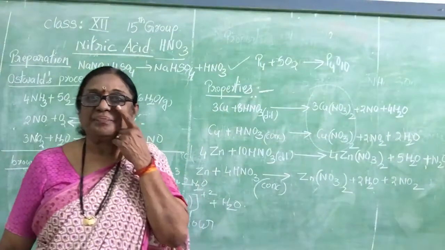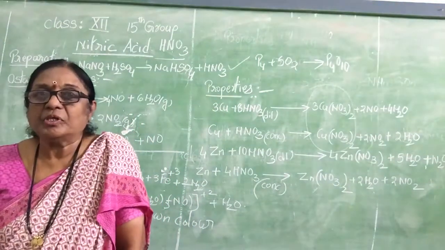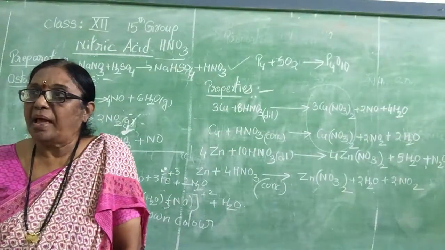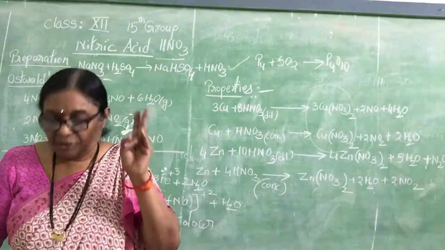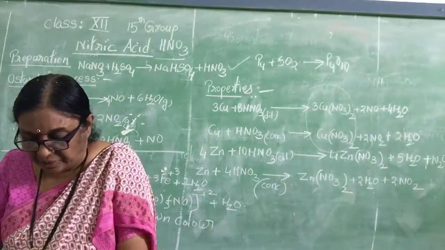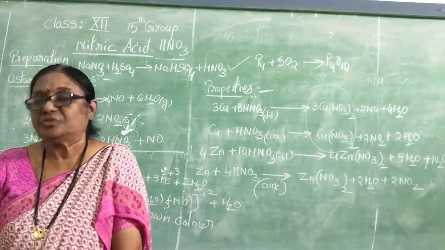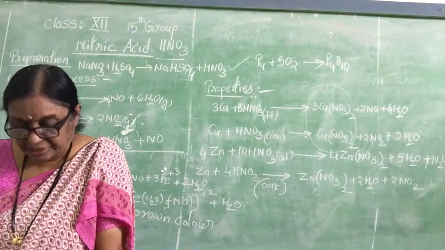Now black phosphorus. Black phosphorus has two forms, alpha black phosphorus and beta black phosphorus. Alpha black phosphorus is formed when red phosphorus is heated in a sealed tube.